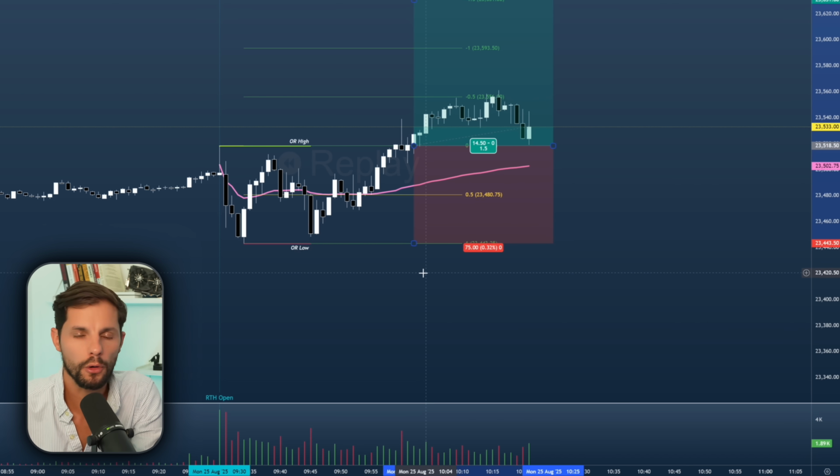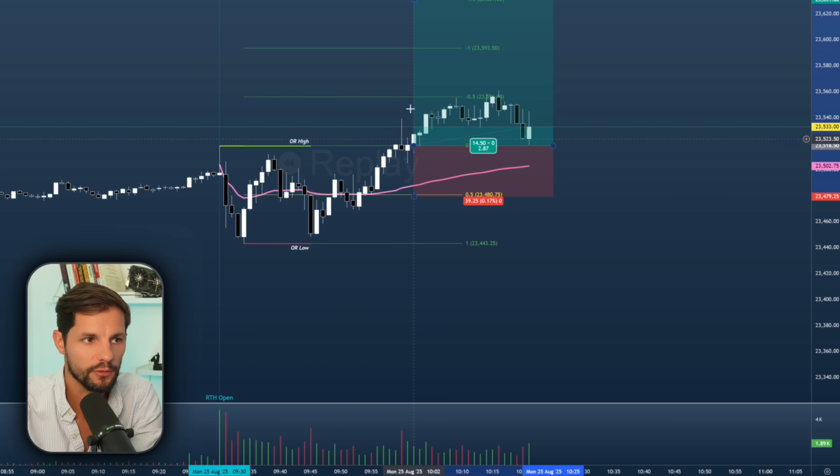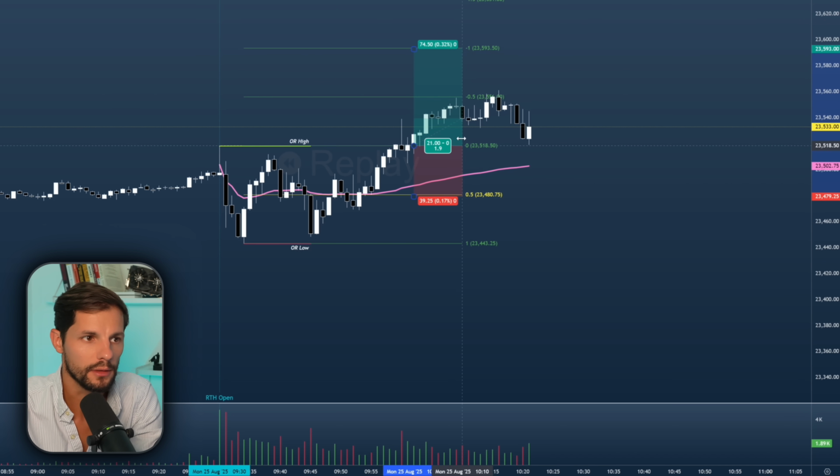You have two options. Option number one, you can reduce size and still take the trade or trade the micros. Option number two, you can use context, other levels, or reduce the take profit and the stop loss a little bit closer. I personally like to do number one.